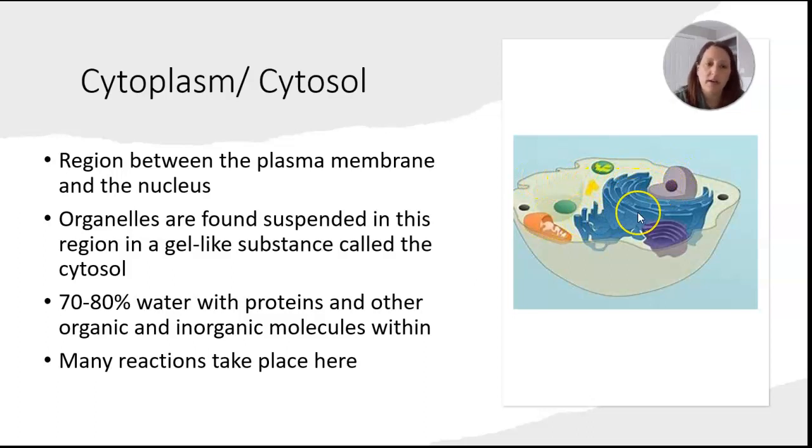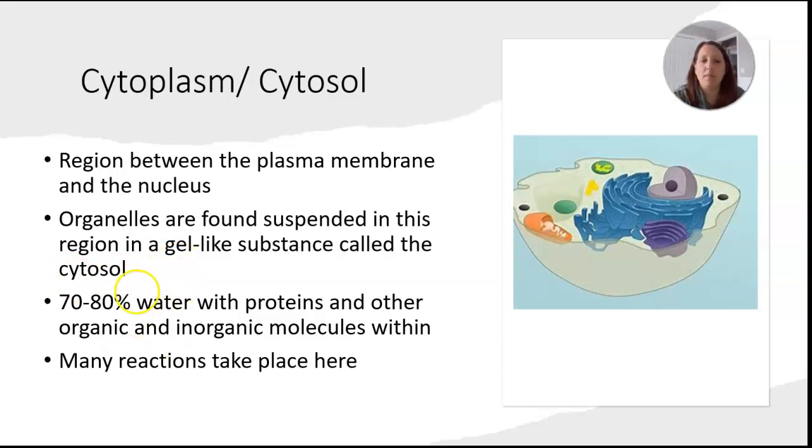So all of these other organelles are kind of sitting in the cytoplasm. We say that the organelles are found suspended in this region. And the cytoplasm around those organelles, we call the cytosol. It's a little bit more jelly-like, a little bit more viscous rather than liquidy.